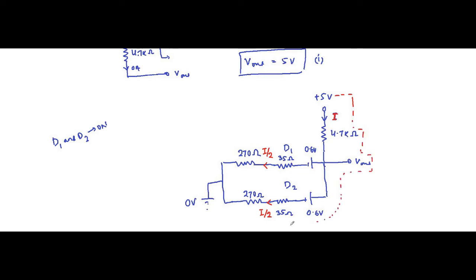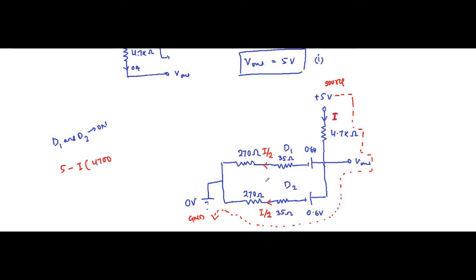If we apply KVL in this direction from source to ground, this is ground, this is source, the KVL equation will be 5 minus I into 4.7 kilo ohm, means 4700.